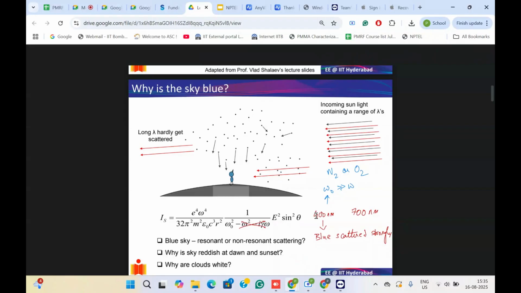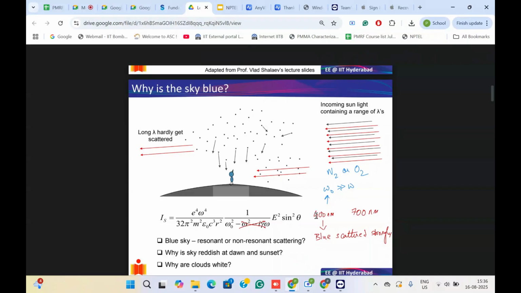So the next question is: why, at the time of sunset and sundown, is the sky reddish? The sun is at the horizon, and the distance traveled by light before it reaches our eye is longer.